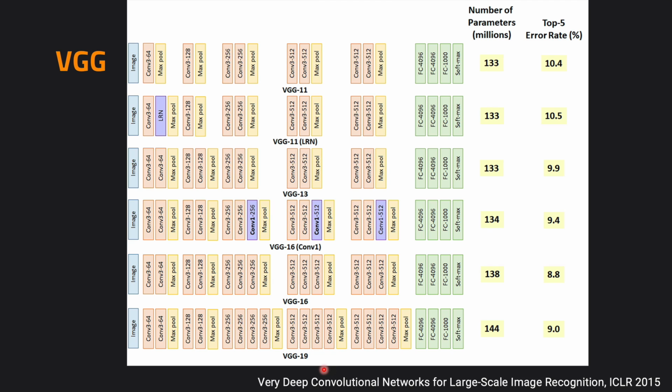And the technique they use for training the deep network is they first train a shallow network, so that they can get decent weights for each convolution layer, and then they use these convolution layers to initialize the weights of the deeper network, randomly initialize the new layers, and then train the whole network again.